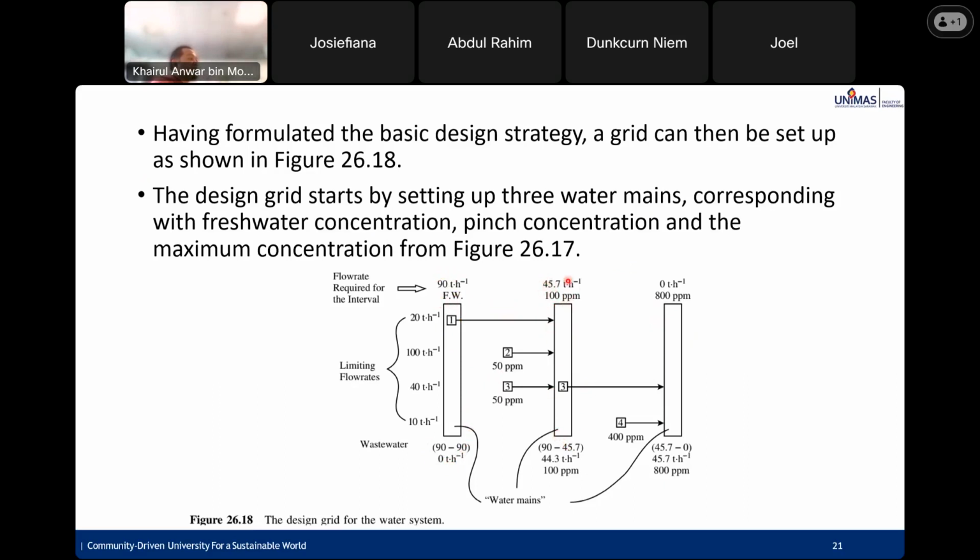From here 45.7, while 44.3 goes back to the effluent. The 45.7 goes next level up to 800 ppm. Here there's no fresh water now at 800 ppm. All of it is converted to wastewater. Okay.